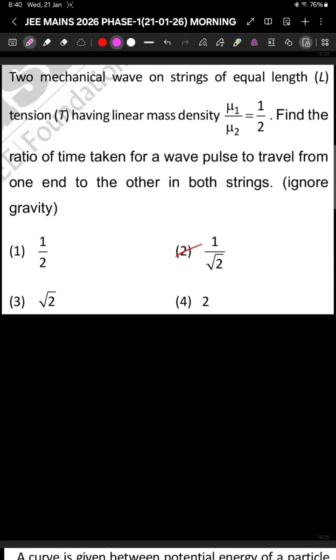Here two mechanical waves on strings of equal length have linear densities. Find the ratio of the time taken by the wave pulse to travel from one end to the other in both the strings. Here we have two strings.